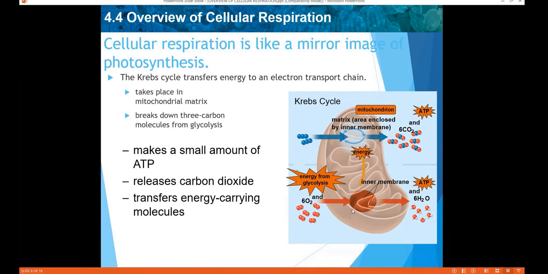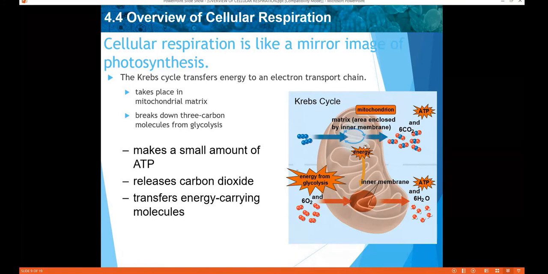Then in step 2, energy is transferred to the second stage of cellular respiration, which is the electron transport. Okay, so you can see this is the inner membrane, and the matrix area is enclosed by the inner membrane, and you can see the 3 carbon molecules are further split into simpler compounds, and you can see the ATP is released like this, and also the carbon dioxide is produced as the waste product.